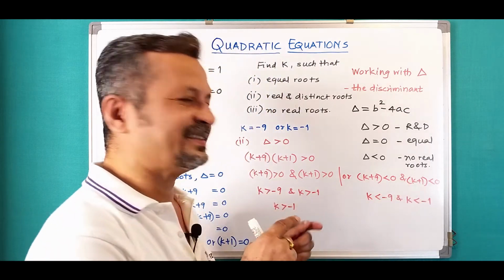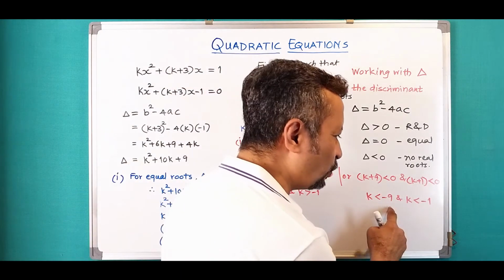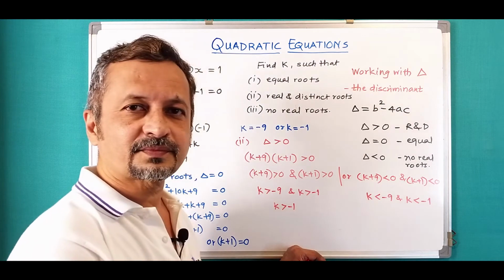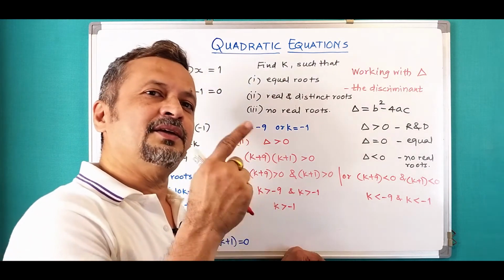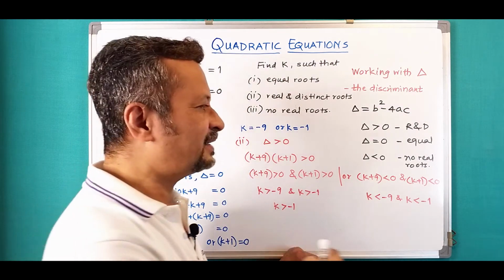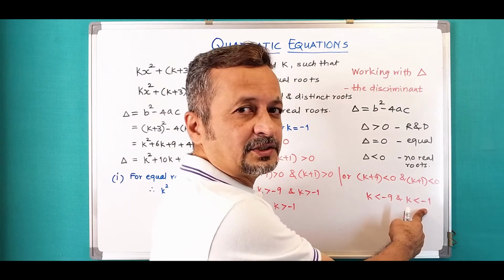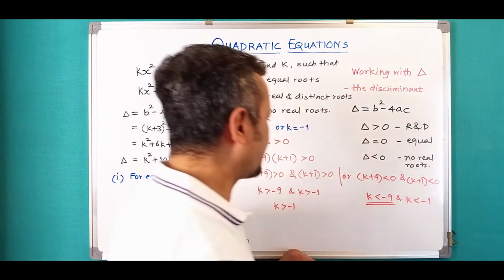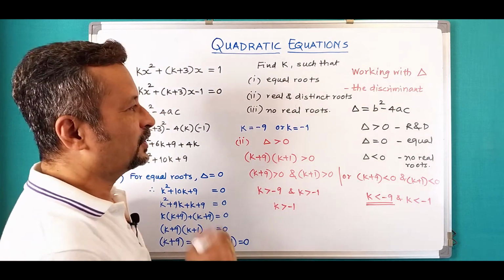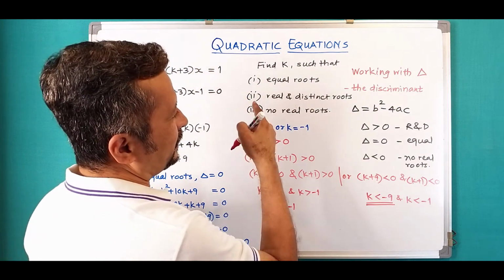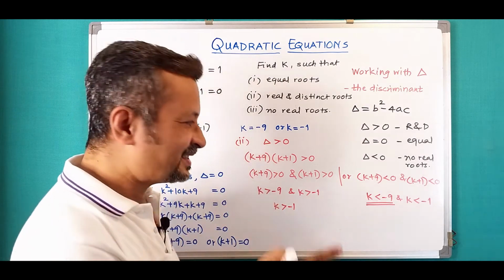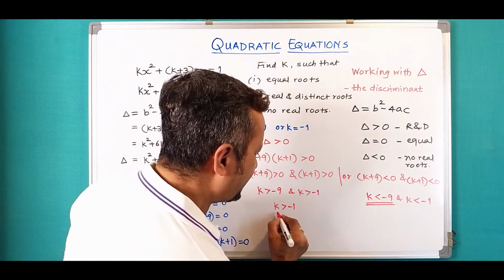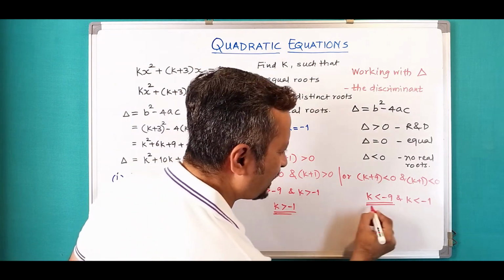But then is it okay with this? If k is less than minus 9, then it will be definitely less than minus 1, correct? So I choose this condition. So for real and distinct roots, I take this condition and this condition.